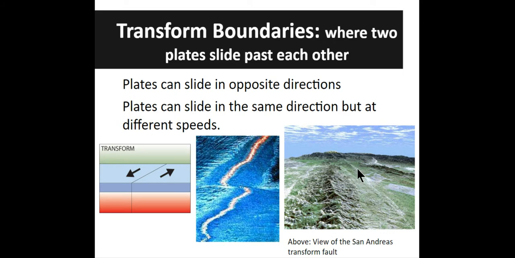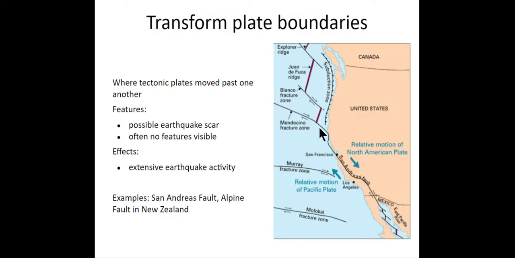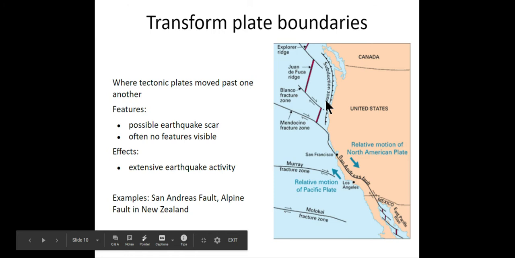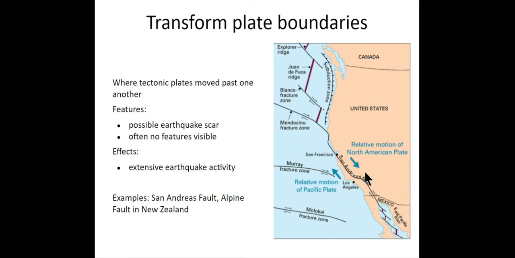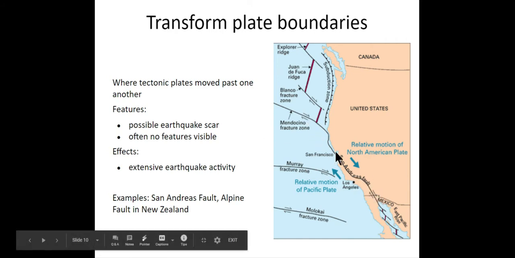Transform boundaries are really well known for their earthquakes. Here's what I'm talking about. The North American plate is going toward the southeast, and the Pacific plate is going to the northwest. There is lots of earthquake scarring on the San Andreas Fault. Sometimes you don't really notice any deformation to the land, but they're often known for their large earthquakes.